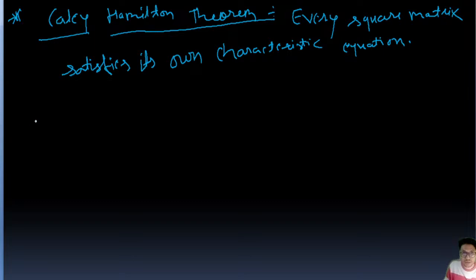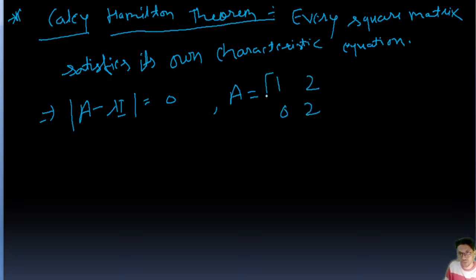Okay, so this means the characteristic equation is the determinant of A minus lambda I equal to 0. Here we'll take an example. Let A equal to [1 2; 0 2]. In that case we'll find the determinant of A minus lambda I equal to 0.